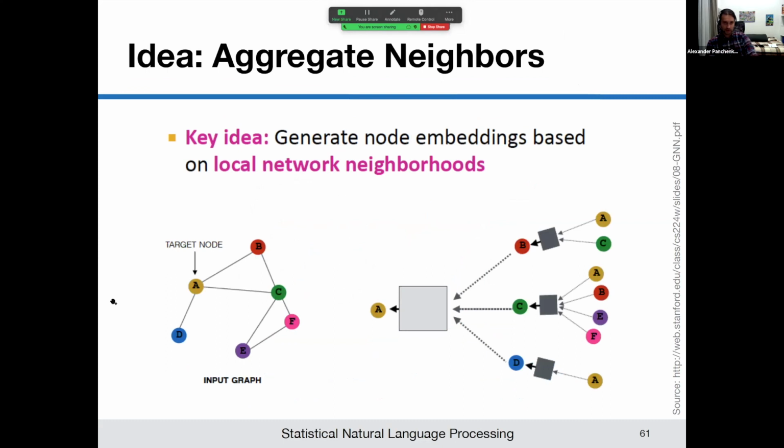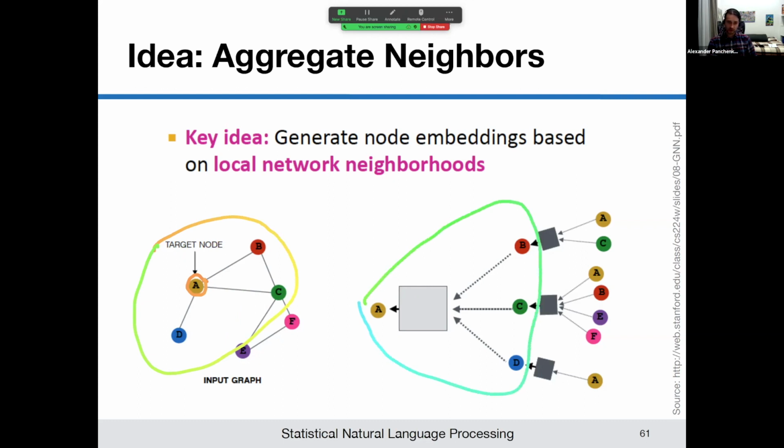And in this case, this ego network idea would look like this. So if you have some target node A, what you can do is unroll its direct and local neighborhood into a computational graph. This will be the direct neighborhood, depicted here. And then node B has its own direct neighborhood, which is A and C, right?